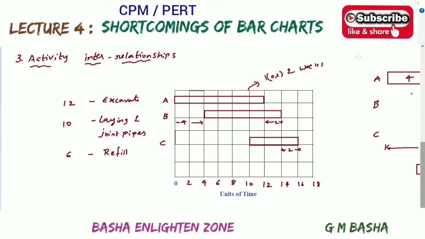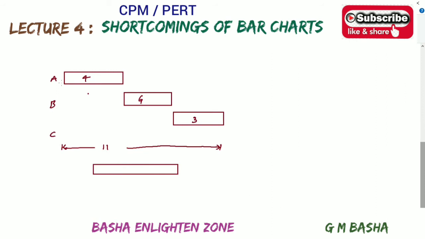Now the next topic, the third point, is activity interrelationships. See here, 12 weeks. If you observe these bar charts, these bars are placed concurrently, and I already discussed in the previous introduction class that activities take place serially.